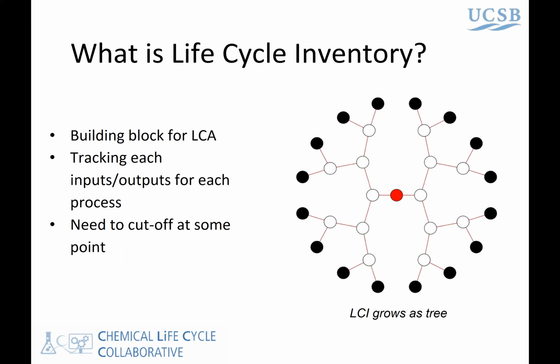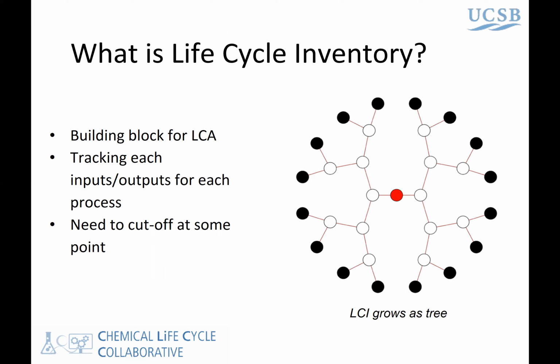But that brings a very important question in LCI, which is that we need to select a cutoff boundary, right? If we do not, the tree can grow infinitely. So if we scale the quantity of every node after the red node to be producing 1 kilogram of the product in the red node, so that everything is serving to produce only 1 kilogram of the desired product, you can quickly find out that most of the nodes at the edge will have very small quantities, right?